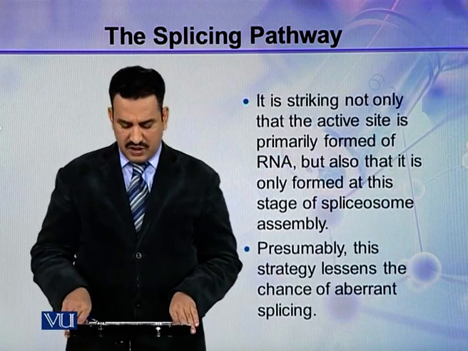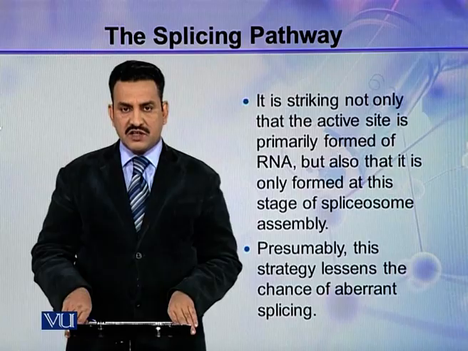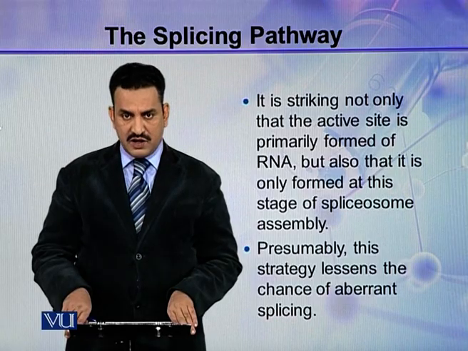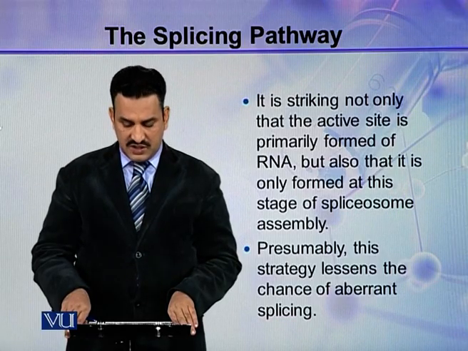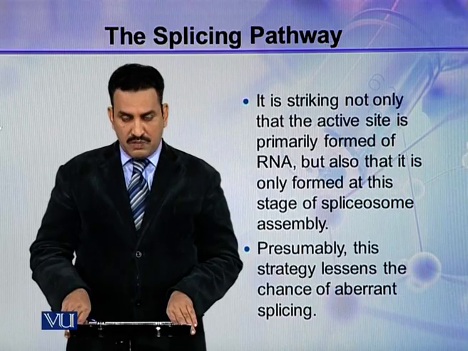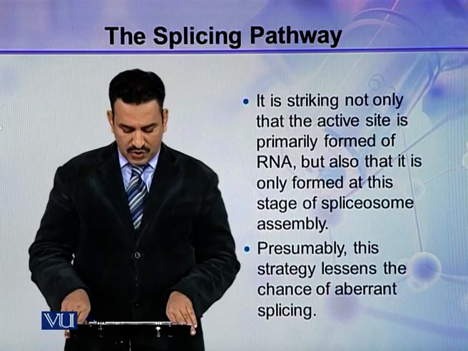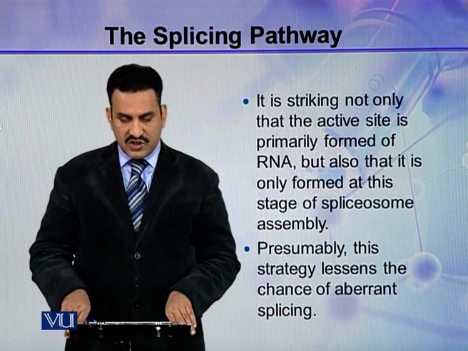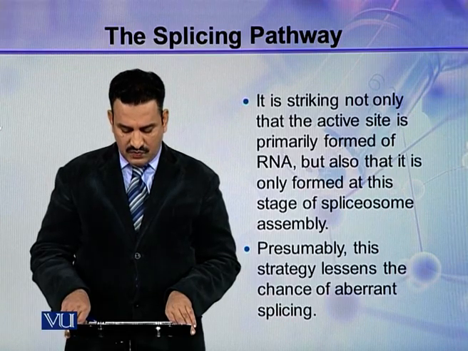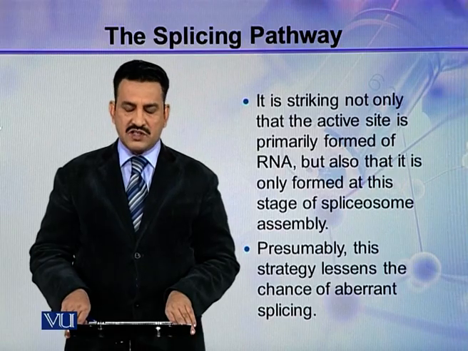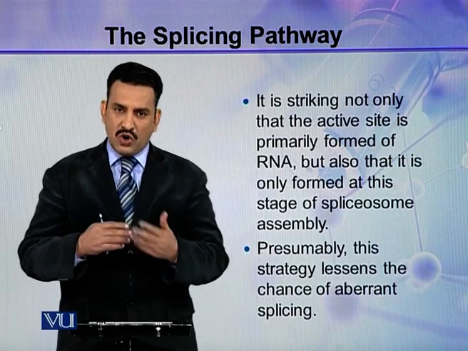It is striking not only that the active site is primarily formed of RNA, but also that it is only formed at this stage of spliceosome assembly. Presumably, this strategy lessens the chance of aberrant splicing, that is, it lessens the chances of wrong splicing.